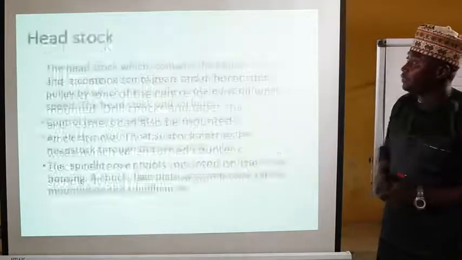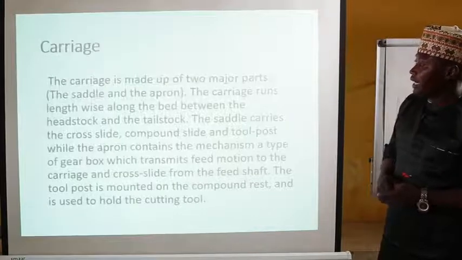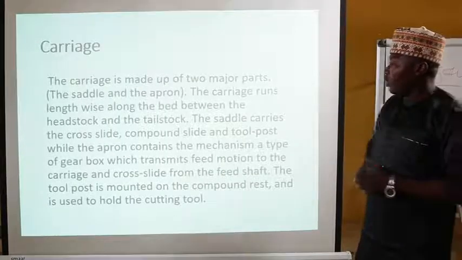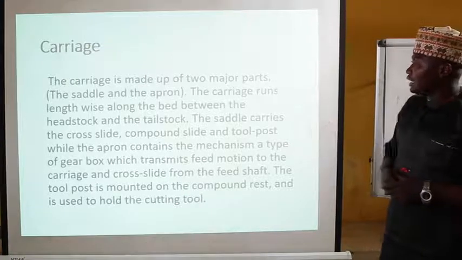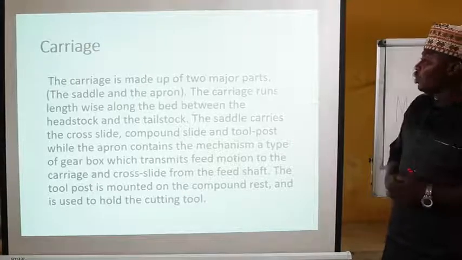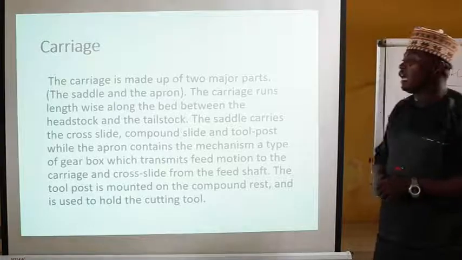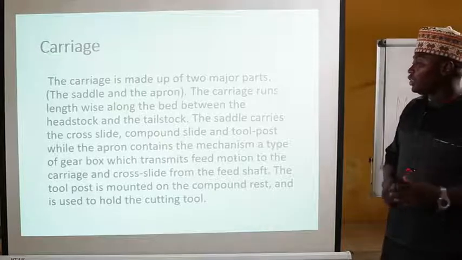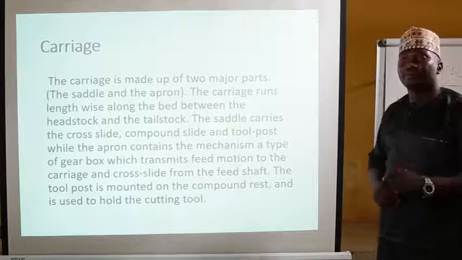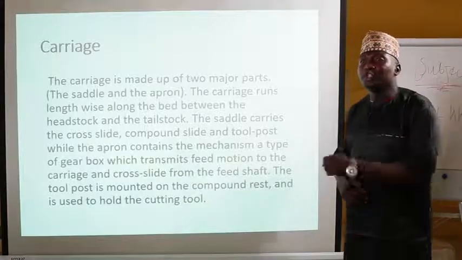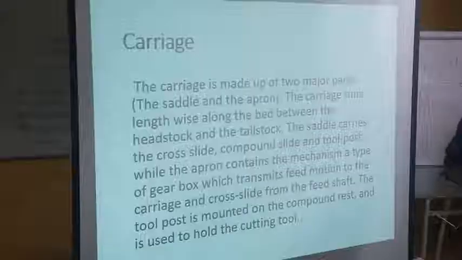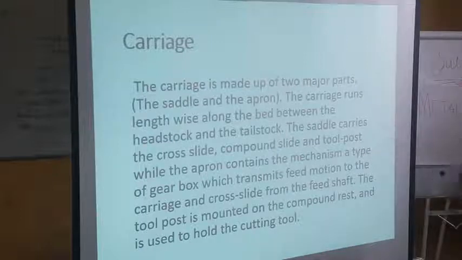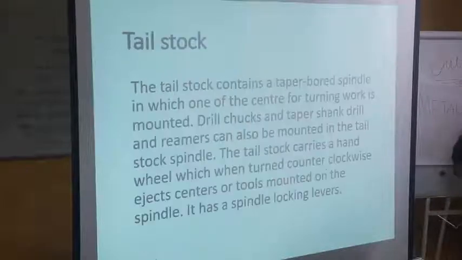Let's move to the carriage. Now, while we talk about the saddle, the apron contains the mechanism and type of gears which transmit the motion. It transmits the motion from the headstock down to the feed shaft. So then let's go back to the diagram.